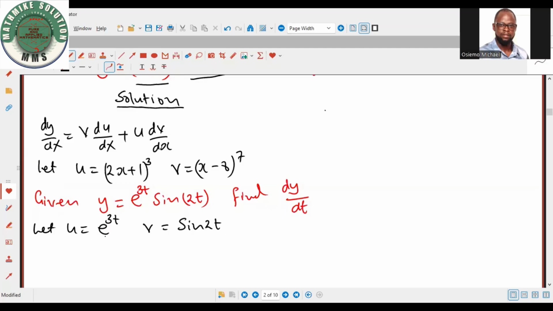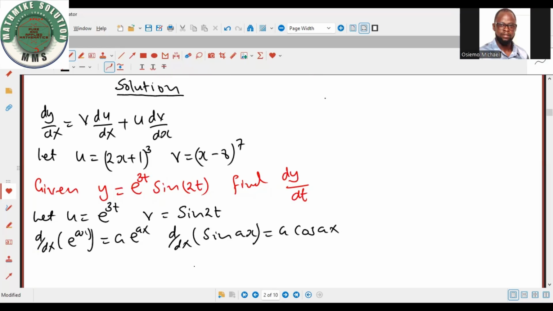So we're going to use the standard table where we say that the derivative d/dx of exponential ax is equal to a exponential ax, and the derivative of sine ax is equal to a cos ax.